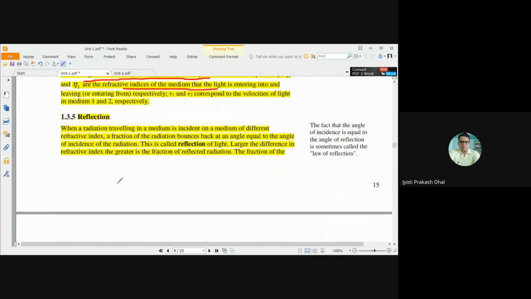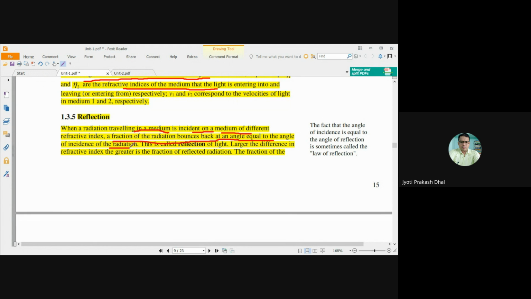Now coming to the next phenomenon, a consequence of electromagnetic radiation, that is called reflection. When radiation traveling in a medium is incident on a medium of different refractive index, a fraction of the radiation bounces back at an angle equal to the angle of incidence of the radiation. That is called reflection.